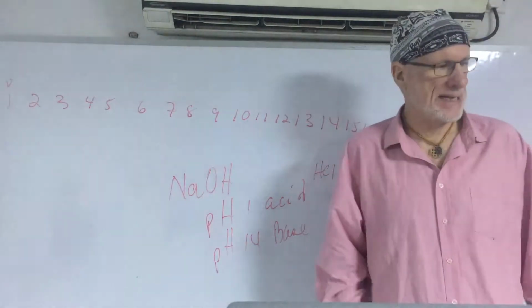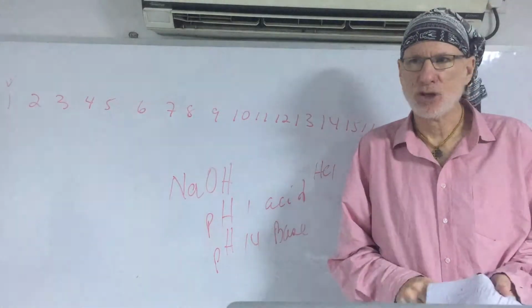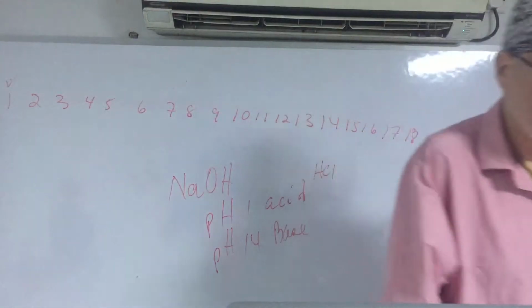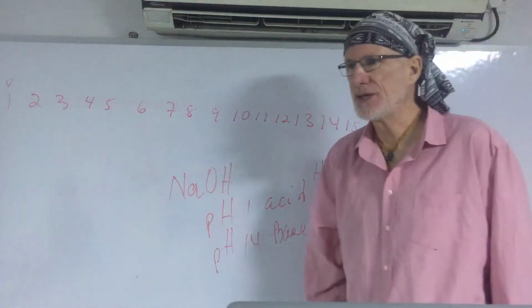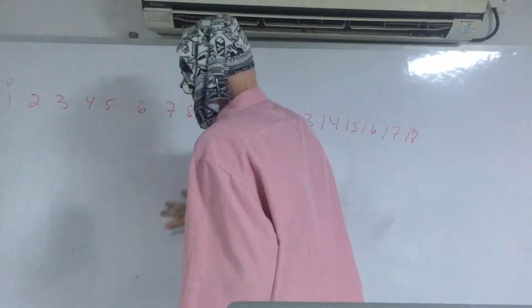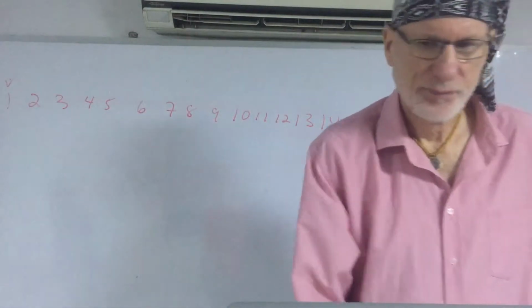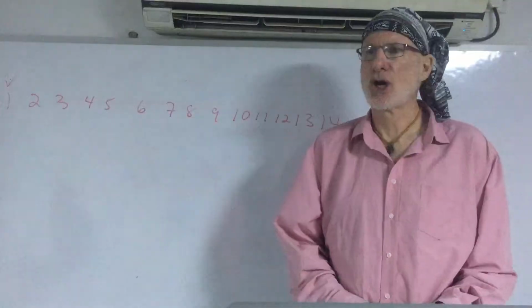It's called muriatic acid, the old name, in the olden days. HCl. Your stomach produces HCl. The only thing that's digested in your stomach is protein, not starch.